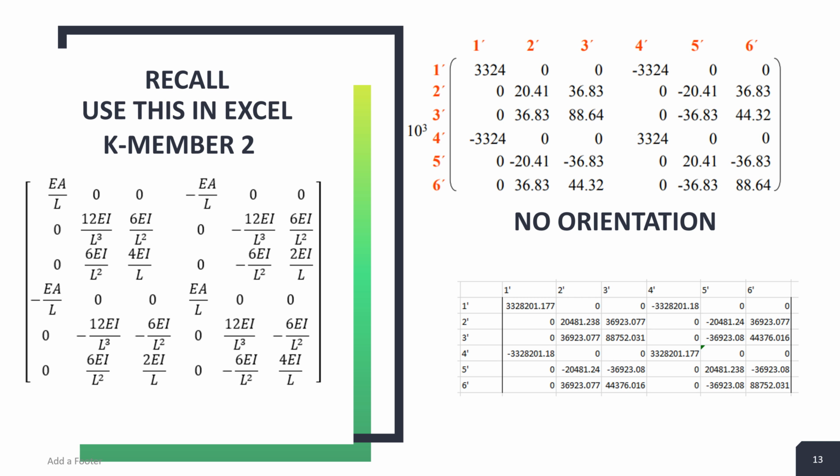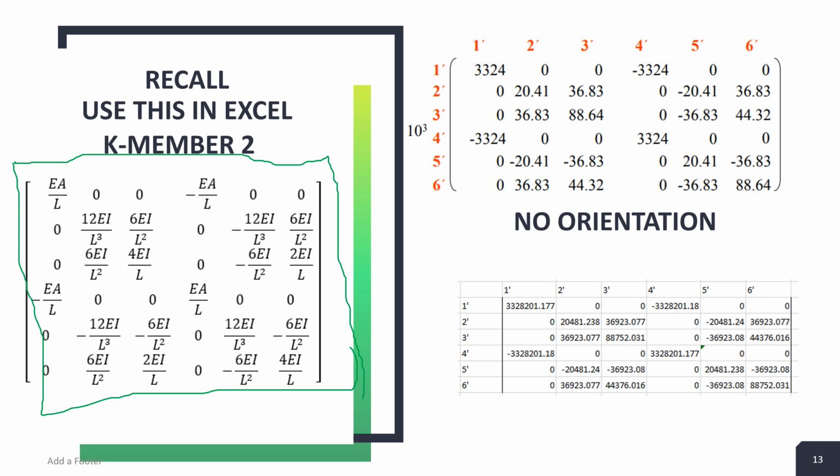And so for the second member, again we use the same stiffness matrix. If we assume we have not transformed it into the orientation, you just substitute here.